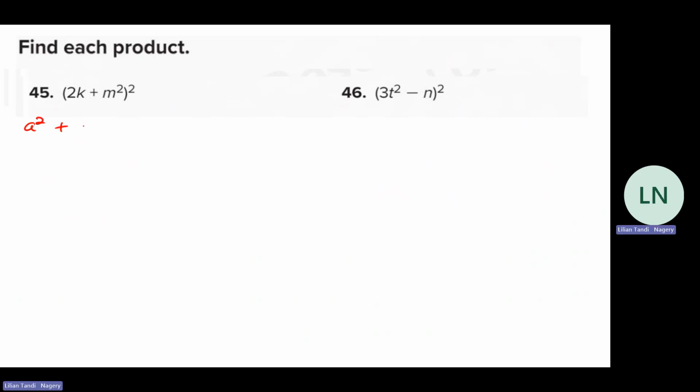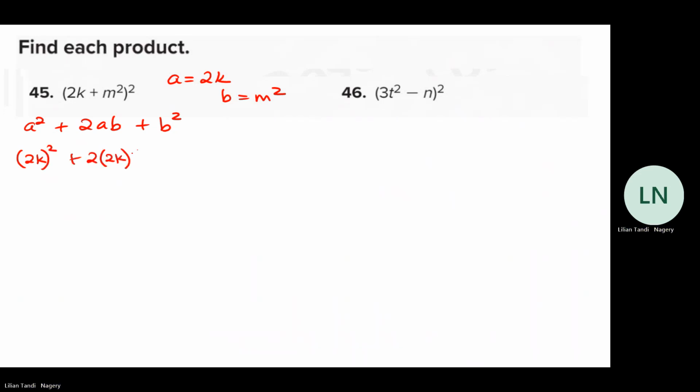A squared plus 2ab plus b squared. Our a is 2k, our b is m squared. So 2k squared plus 2 times 2k times m squared plus m squared squared.